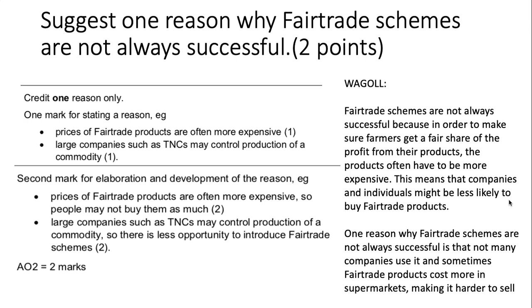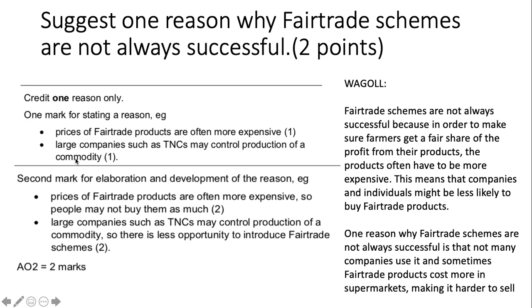That tells me why agriculture in LICs is not good. So what we're looking for here: often the price of fair trade products is more expensive, or large companies, and we haven't looked at transnational corporations, not in any depth yet.